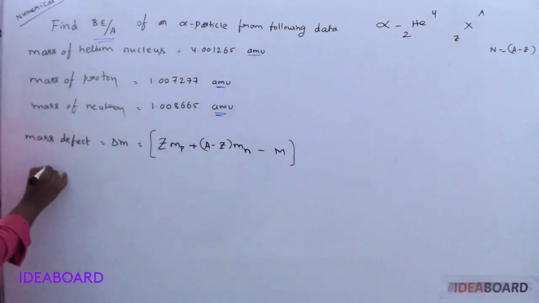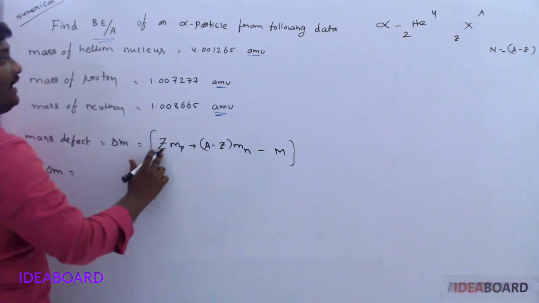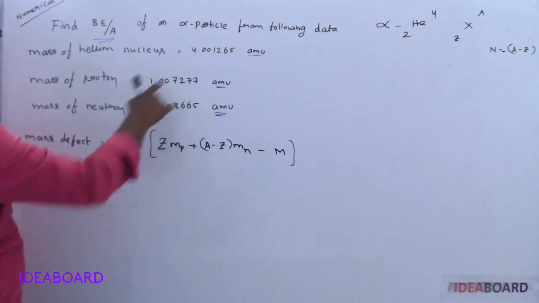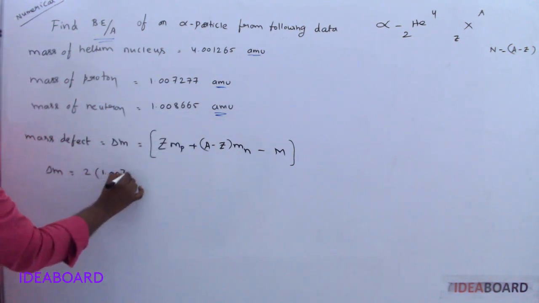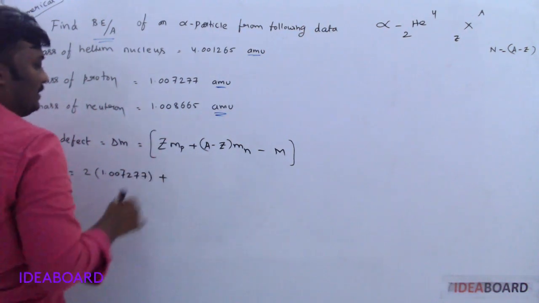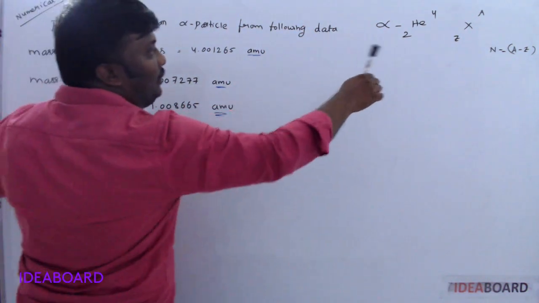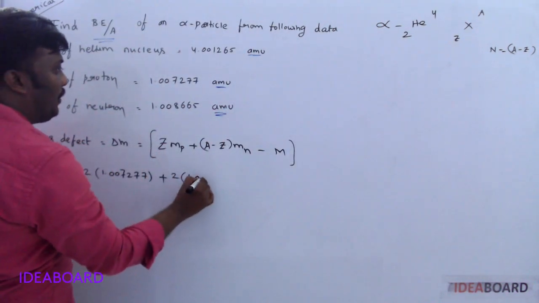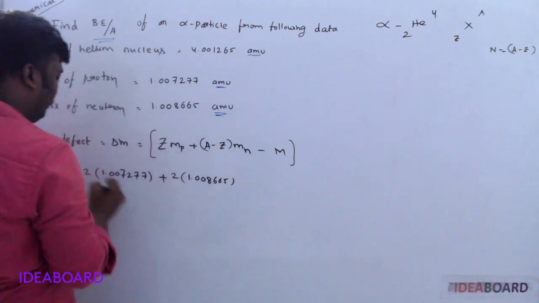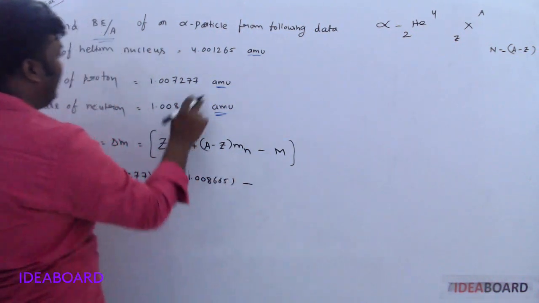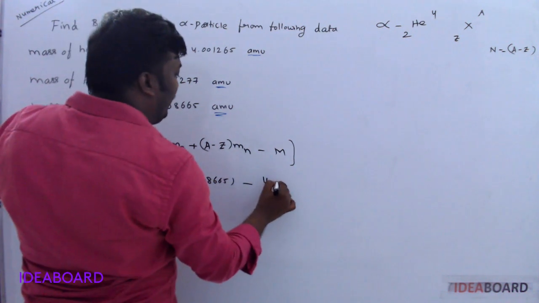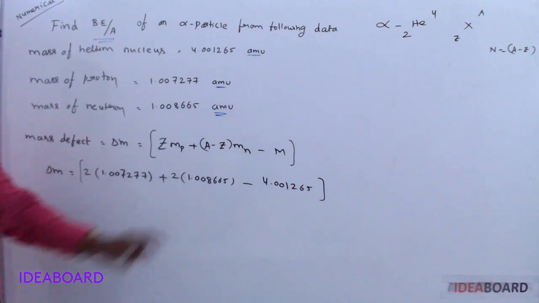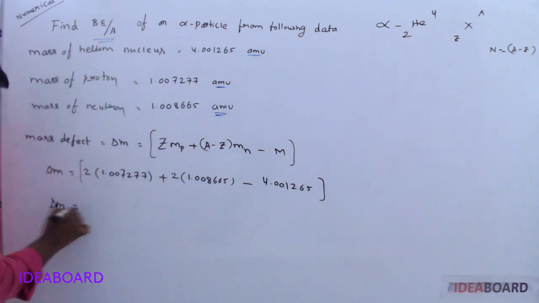So delta M: Z is 2, so 2 into mass of the proton, given as 1.007277, plus A minus Z, which is 4 minus 2, 2 into mass of neutron, 1.008665, minus the actual mass also given, 4.001265.